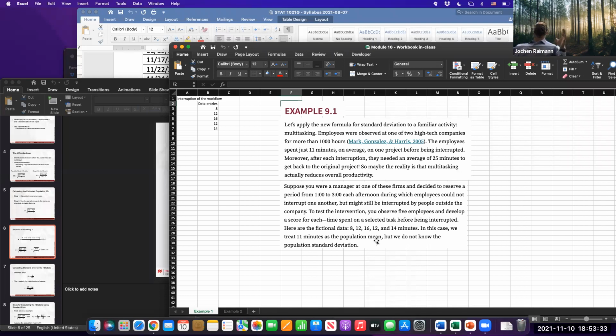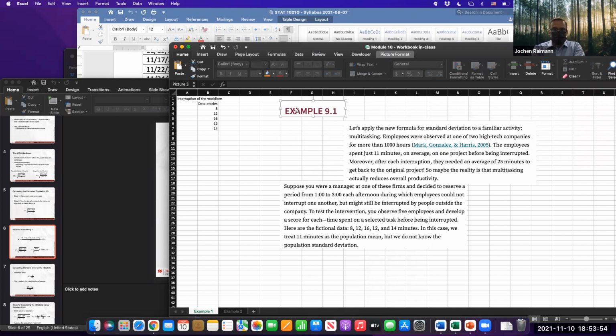This is where reality is coming in for you, because at the finals, you're going to sit there and you need to know which method you're going to employ. You do not have a standard deviation. You have a population mean, but not a population standard deviation. You think t-distribution to compare it. And this is what you have here. So we're treating 11 as our mu.